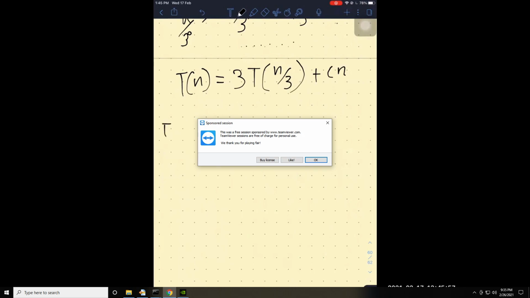So we can represent t of n as c of n plus 3 t of n divided by 3. So we are getting 3 branches because we have the factor 3 here. If it was 4, then we would have gotten 4 branches. Is it clear?